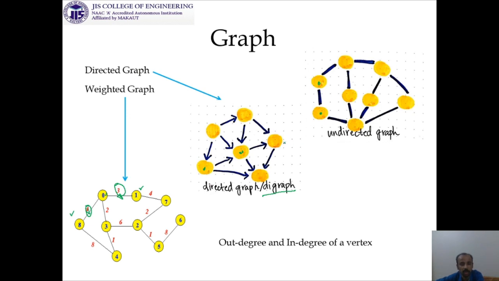So if you think about out degree and in degree of a vertex, the number of edges incident out is the out degree of that vertex, and the number of edges incident in is called the in degree. But what is the total degree of this vertex? 3. So what are you getting? Yes, the sum of the out degree and the in degree is the degree of that vertex. So we are getting the out degree and also the in degree for this particular vertex because it is a directed graph.